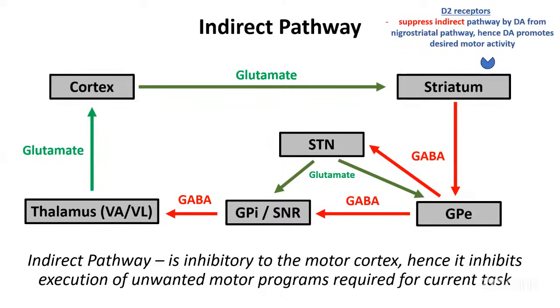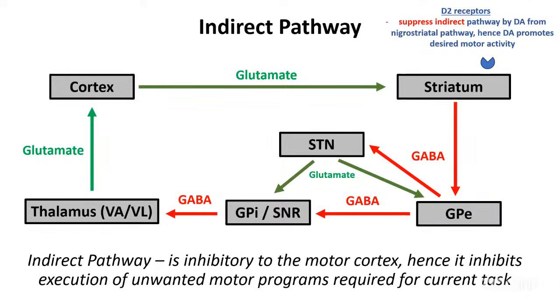Both are inhibitory. And from the globus pallidus interna and substantia nigra, the impulse goes to the thalamus, which inhibits the thalamus. Now the thalamus has been inhibited, so it gives less facilitatory input to the cortex.